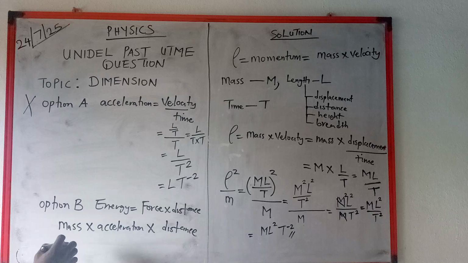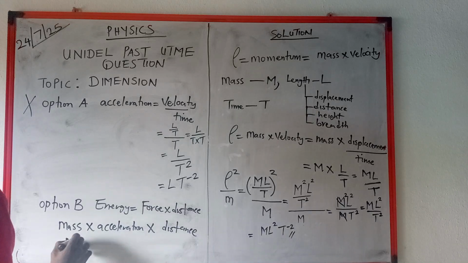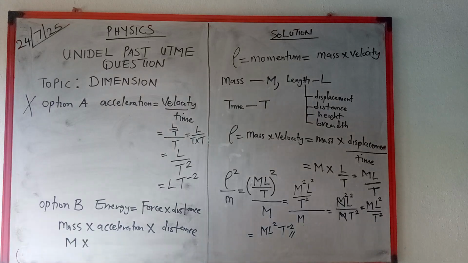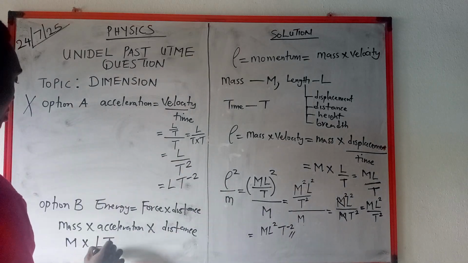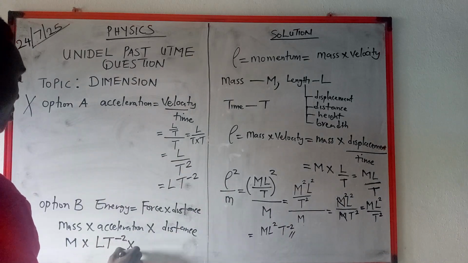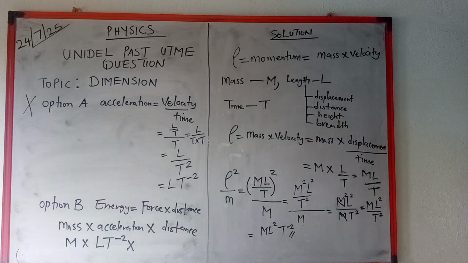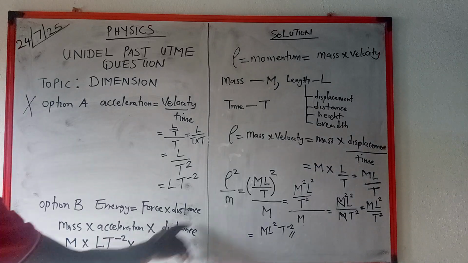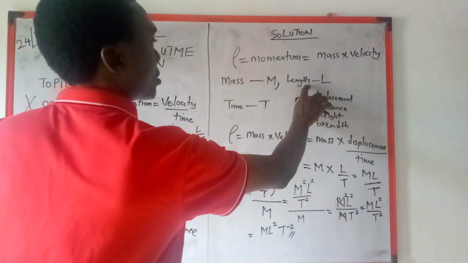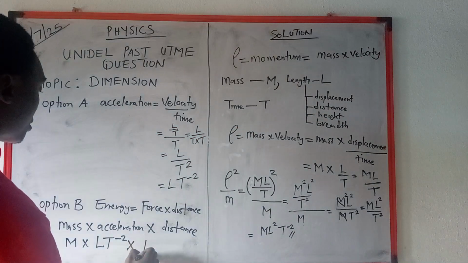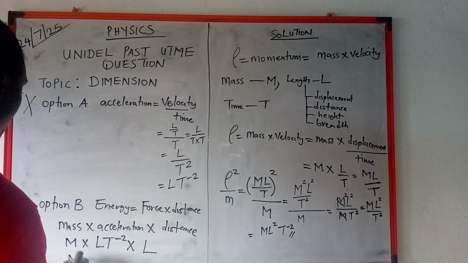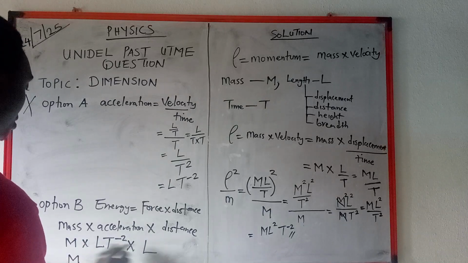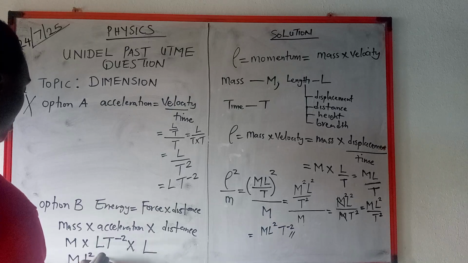Now what is my mass? Mass is M. What's my acceleration? We have solved acceleration to be L T minus 2. And what's my distance? Our distance is L. So multiply all through. This is what I'm going to have: M L times L, L squared, T raised to the power of minus 2.